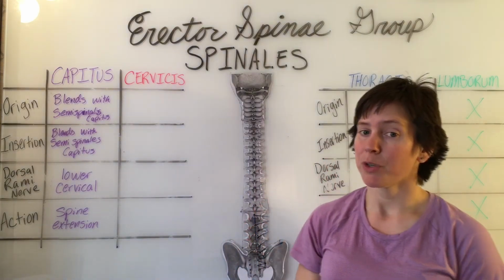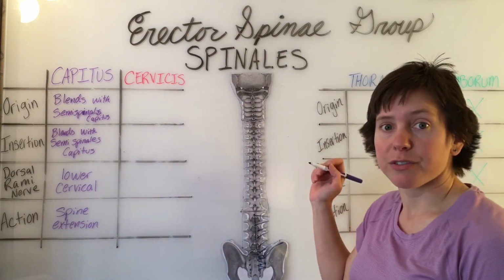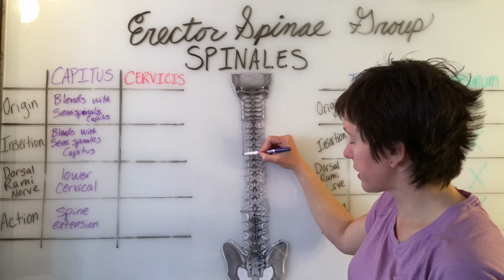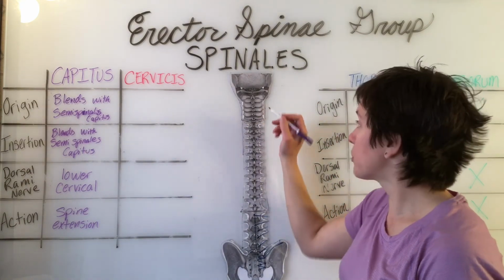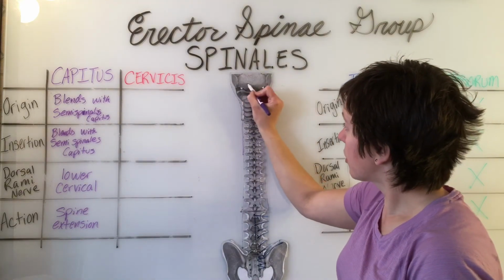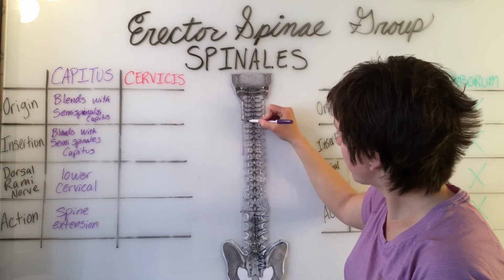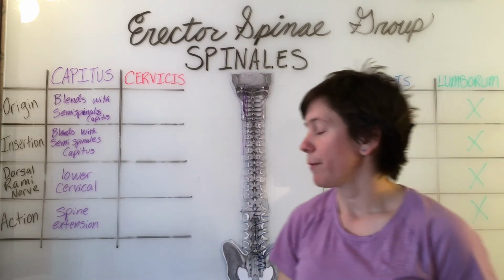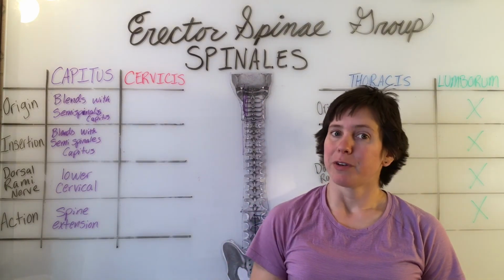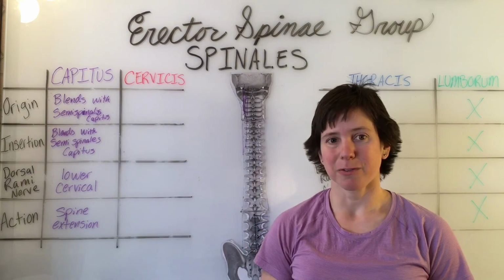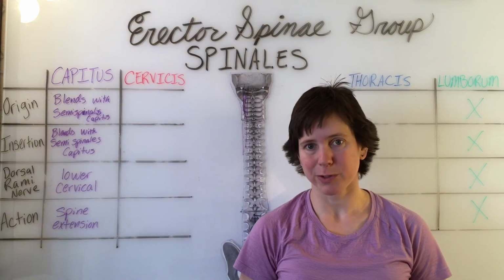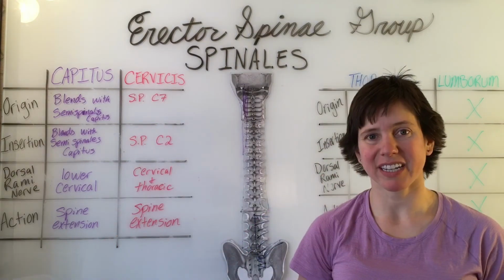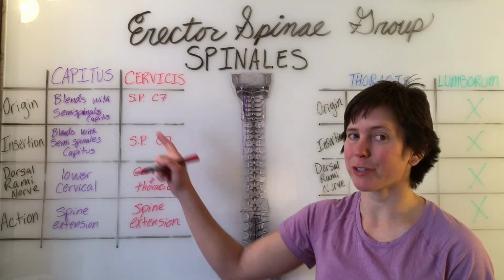But for now, we'll just know that it's on the transverse processes of C7 through T6, and it will insert in between the nuchal lines on the skull. The innervation of Spinalis capitis is from the dorsal rami of the lower cervical nerves, and its action is spine extension.